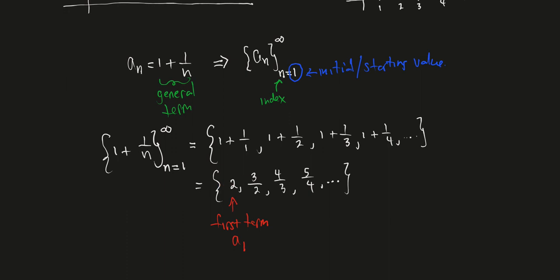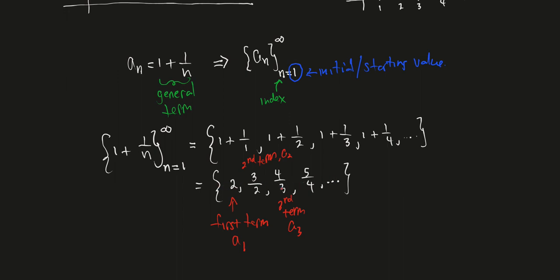And then this would be my second term, and it would be indicated a sub 2. This would be my third term, and then this would be a sub 3, and so on, right? So there's a sense of order in the fact that these function values are listable.